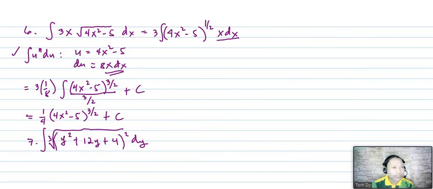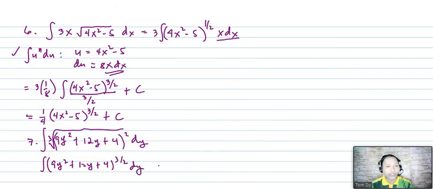So we have here 9y squared. Okay, if this is our problem, then if this is in radical sign, we have to convert it into fraction. We have 9y squared plus 12y plus 4 raised to 3 over 2 dy.